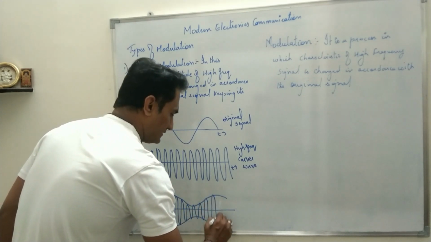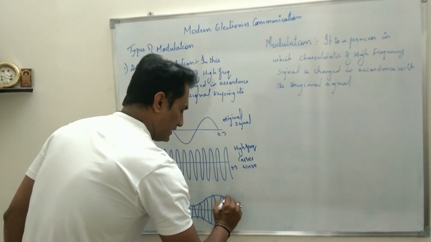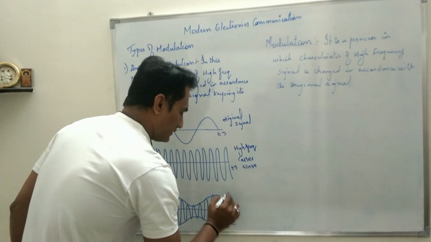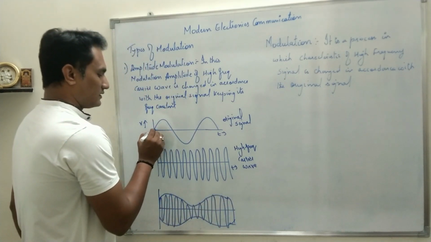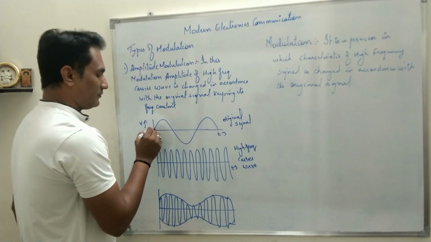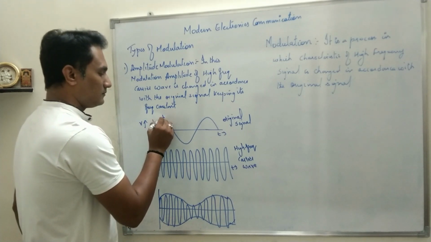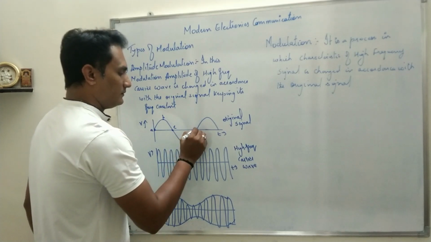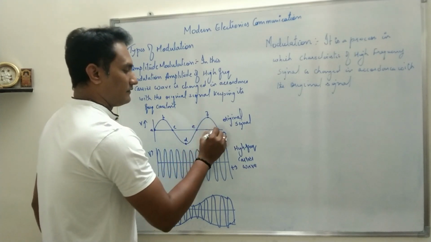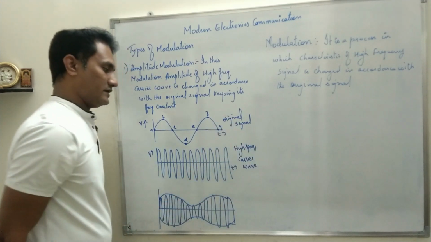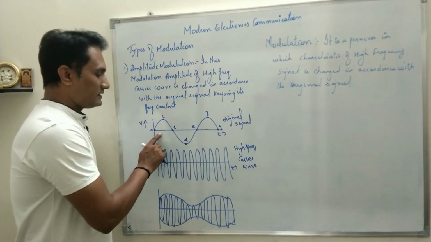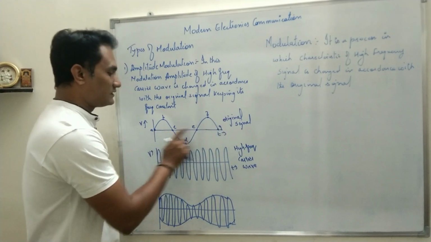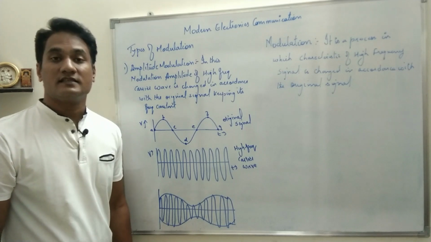We are keeping the frequency constant but we are changing the amplitude. Now see, let us represent this as different points: A, B, C, D, E, F, and this is G. Okay, what you can see from the diagram is that at A, C, E, G the amplitude is 0.